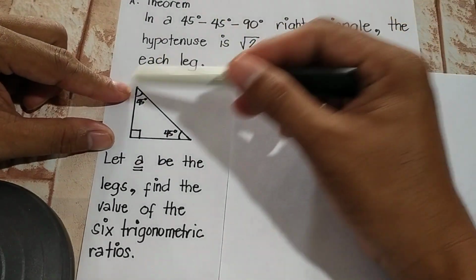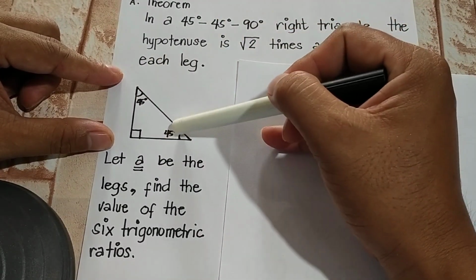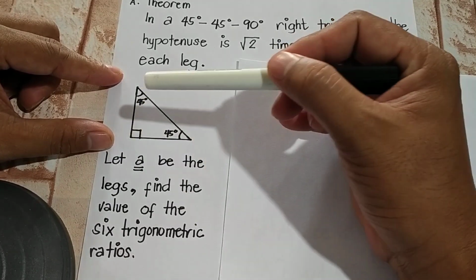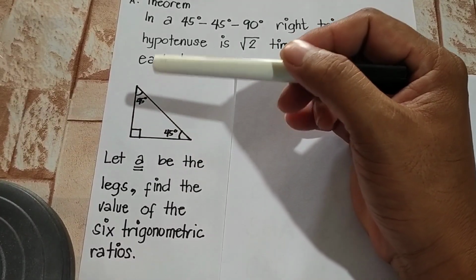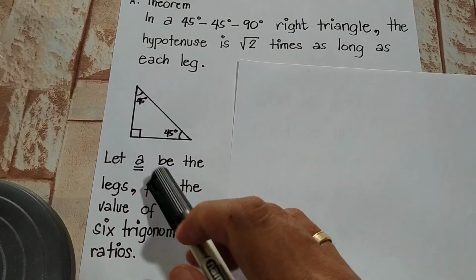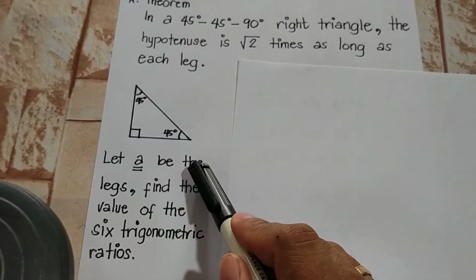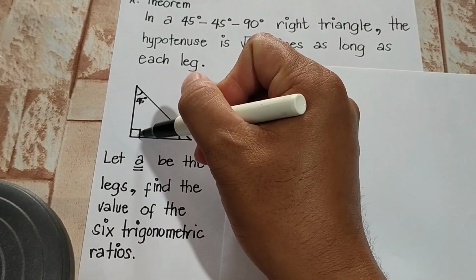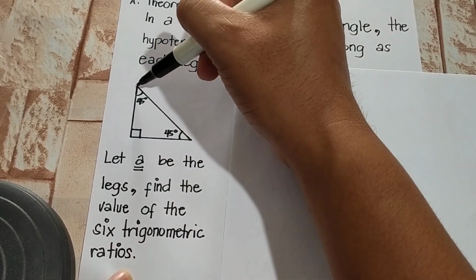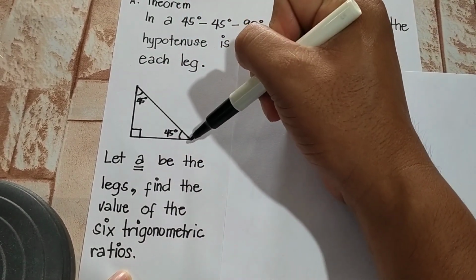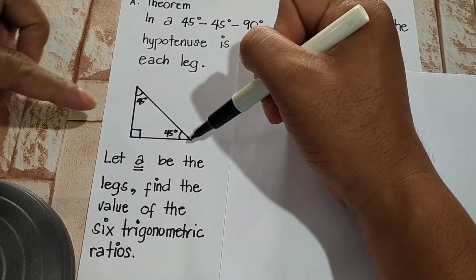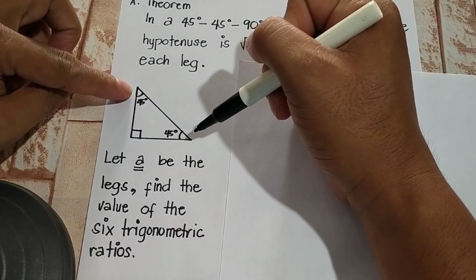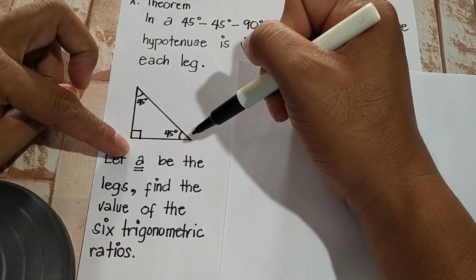We have 45 degrees, and here is the right angle, that is the 90 degrees angle. Since here is our right angle, the side opposite to it is our hypotenuse. So if that's the hypotenuse, then these two sides are your legs.